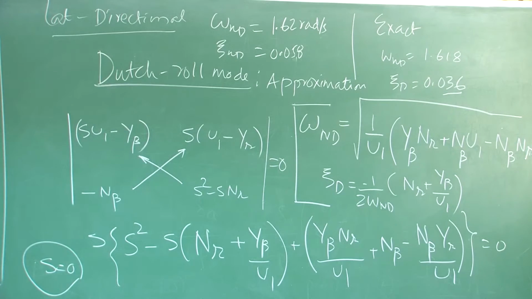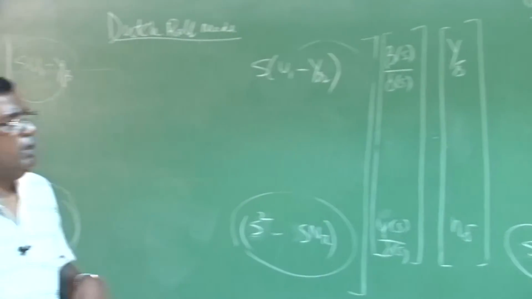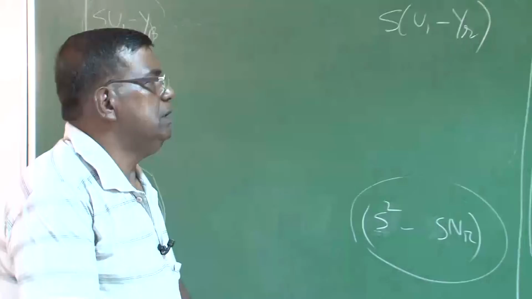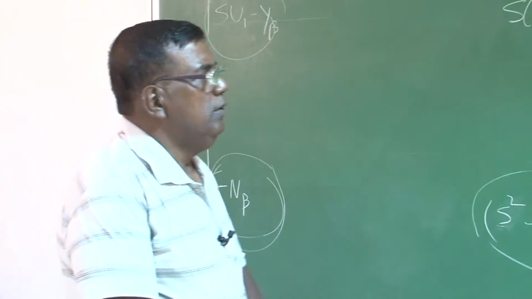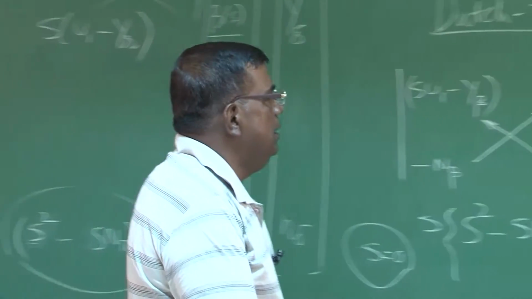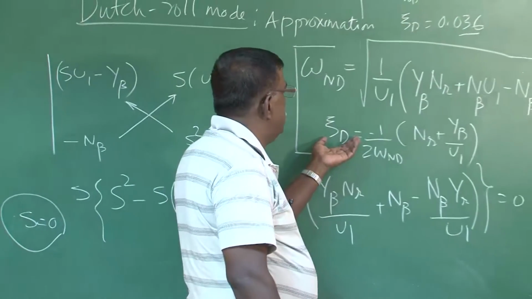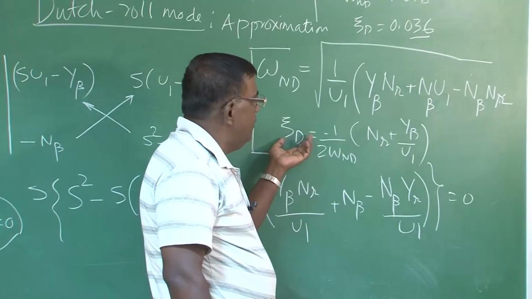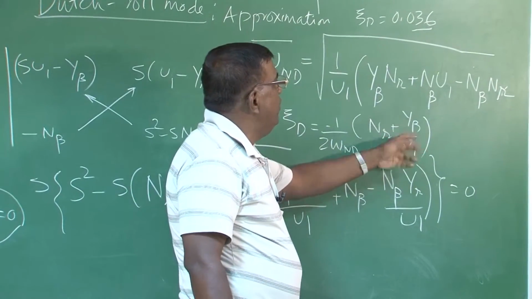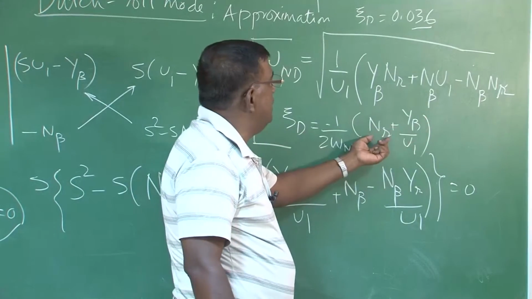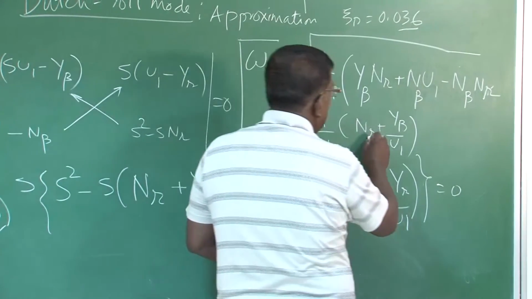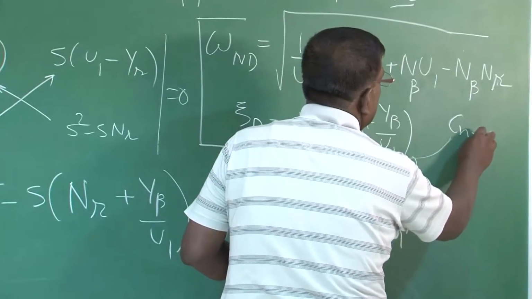Okay? So I thought I would complete this because finally we are going for the stability augmentation system. So a few things should be clear: if I want to increase the Dutch roll damping as a designer, what do I do? This is Y beta by U1, so I will not focus here. I will try to see how I can increase NR or how I can increase CNR.